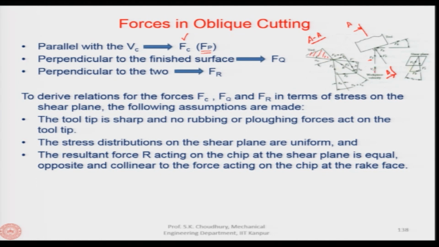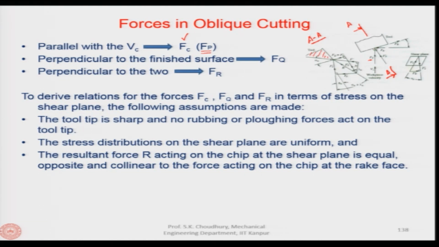Fq is perpendicular to the finished surface, and perpendicular to both of them, Fc or Fp and Fq, is the force Fr. Fr is perpendicular to Fp as well as Fq, because Fq will be like this, perpendicular to the finished surface.